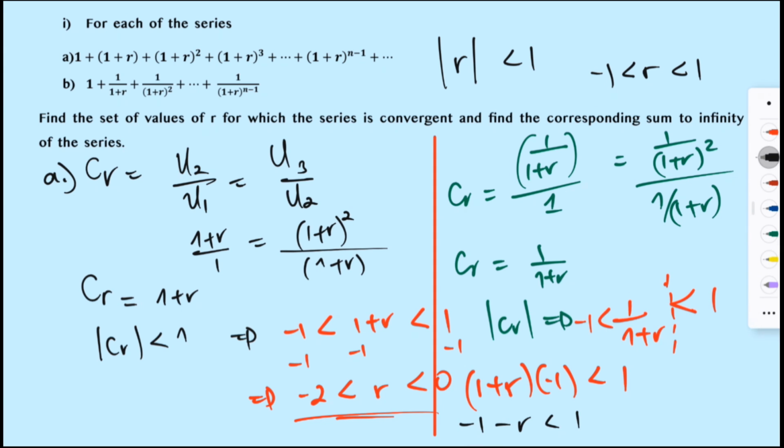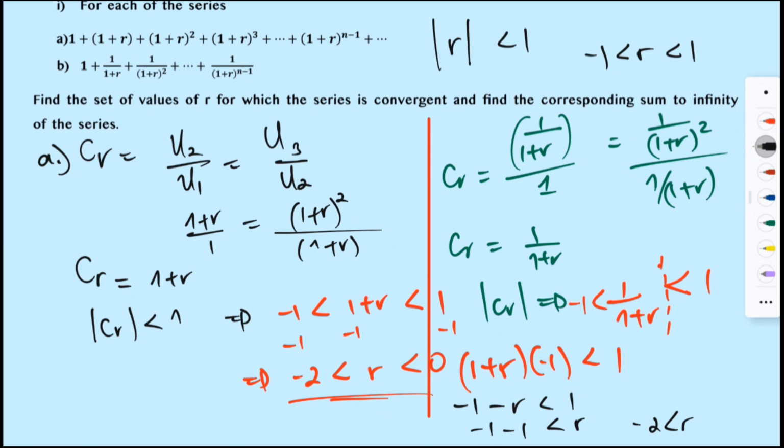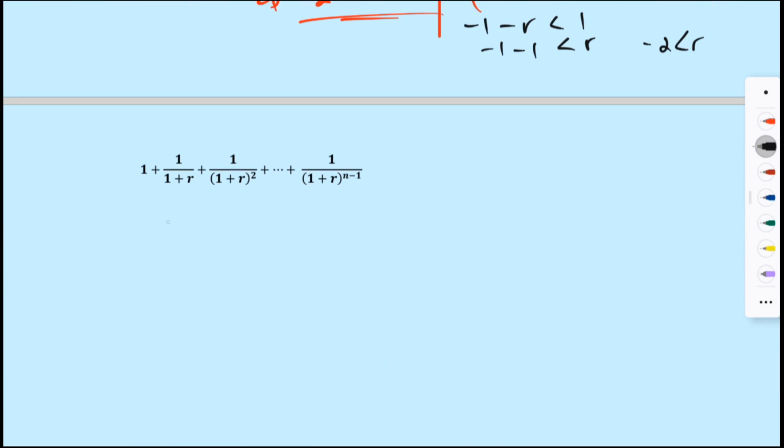I would just take the r to the other side of the equation so that it becomes positive, and bring the 1 to this side, so it becomes negative 1 minus 1 less than r, okay, which is negative 2 is less than r. That's the first part. Part number 2.